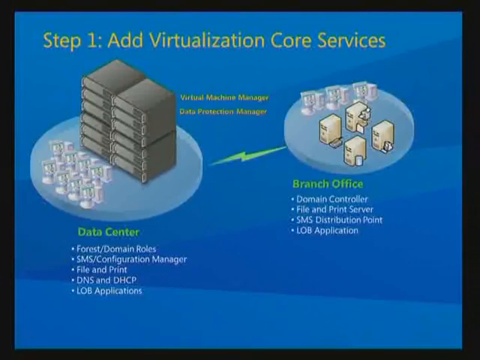Then you typically want to install Data Protection Manager in that environment so that you provide the backup services. And then if you don't have Operations Manager, most people have this or something else similar to it, you need a monitoring solution. Once you have all of that installed in the environment, that gives you your basis to actually start building out your branch environment.